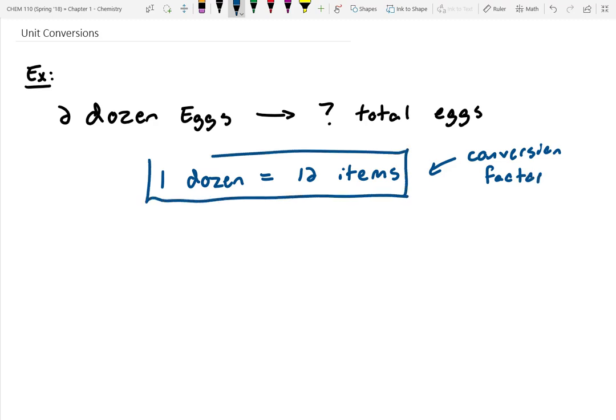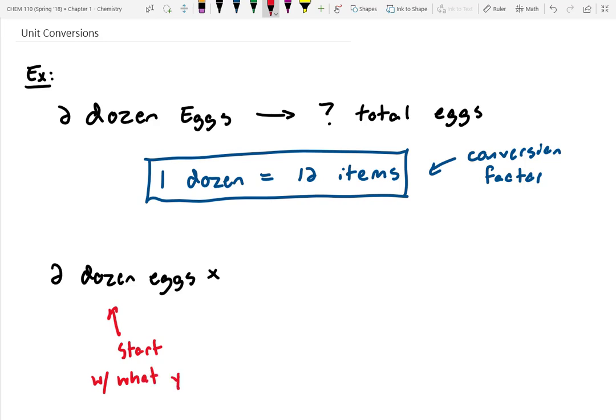And this is important to have anytime you're doing a unit conversion, right? So I'll show you how I like doing it. Whenever I do these problems, I start out with what I know, which is I've got 2 dozen eggs. So start with what you know. And then what you need to do is multiply it by a conversion factor.